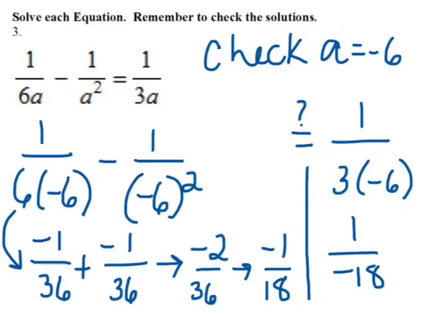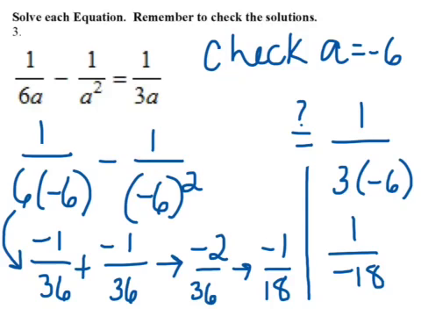I've plugged -6 in for a on both sides of my equation. Notice when I plugged that -6 in for a, I end up with -1 over 36 plus -1 over 36, which gets us -2 over 36, and then simplifies to -1 over 18.